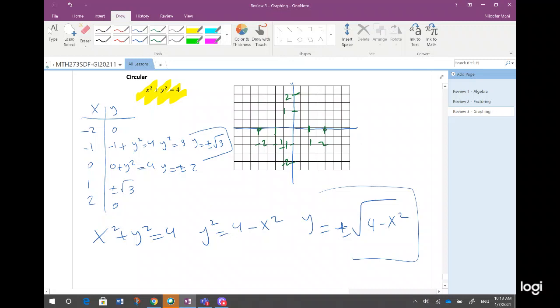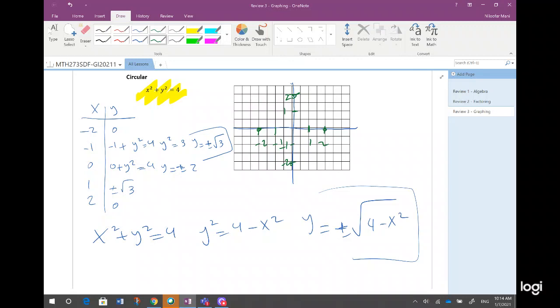2 and 0. Okay, so this and this, and then for values of -1 and 1, I can find those values, and I can see this is the circle. So when I have -1, y is plus or minus radical 3, and radical 3 is, I think, 1.7.